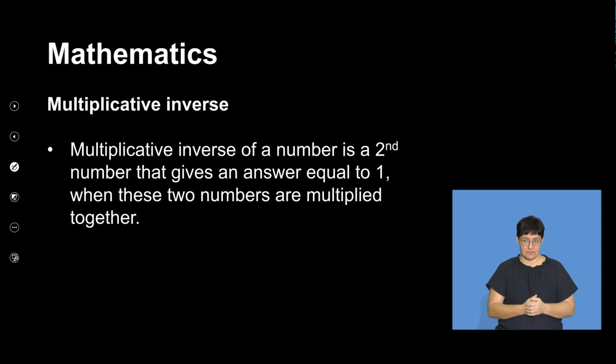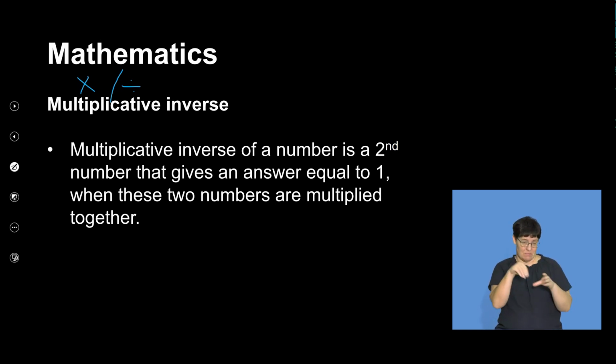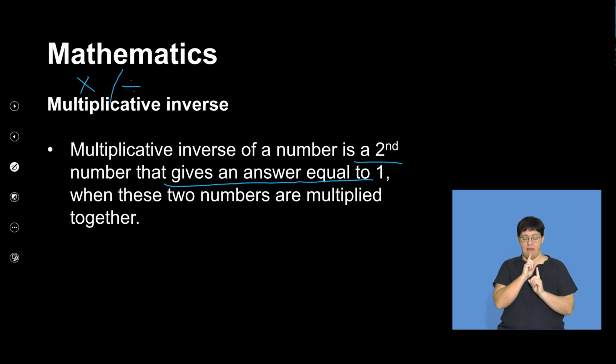We also have what we call the multiplicative inverse, right? The multiplicative inverse has to do with multiplication and division. So the multiplicative inverse of a number is the second number that gives the answer of 1 when these two numbers are multiplied together.